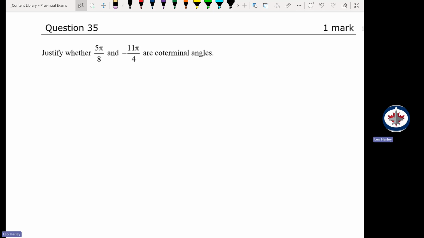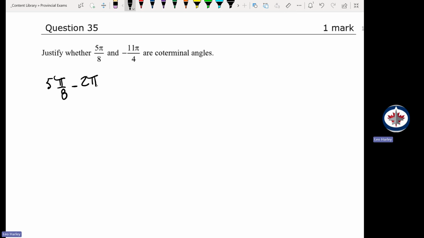How are we going to prove they're coterminal? You add a -2 pi, and you keep on doing it, and then it's tricky. Okay, so I'm not going to lie. I think when I did it, I said, well, let's start off with 5 pi by 8, and let's go backwards 2 pi.